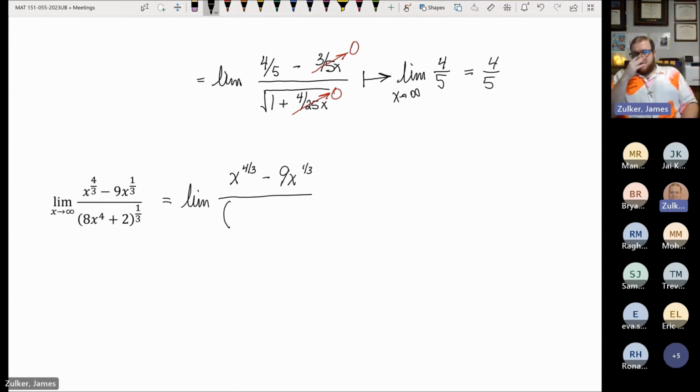Okay. So again, look inside the 1/3 power. We're going to factor out that leading term, that 8x to the 4th. And we're left with 1 plus 1 over 4x to the 4th.